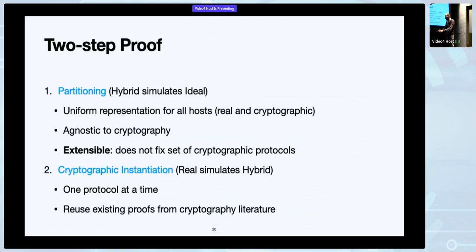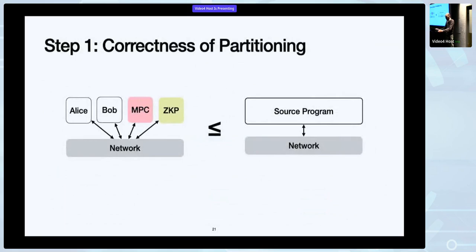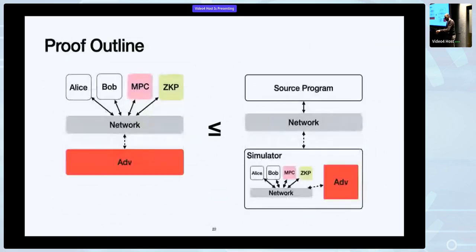So let's go through these steps. The first step is correctness of partitioning. What we're trying to do here is we have the hybrid program on the left. We want to show that it UC simulates the ideal program on the right. At a very high level, given an attack on the hybrid world, we need to translate that to an attack on the ideal world.